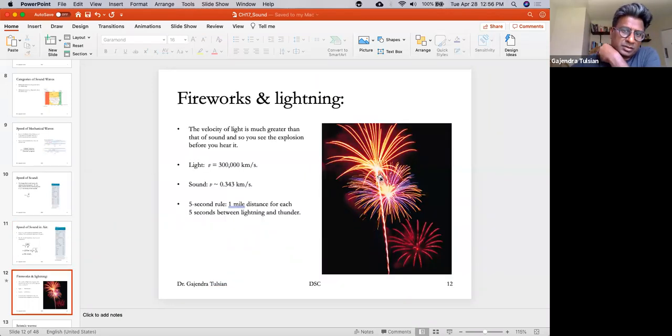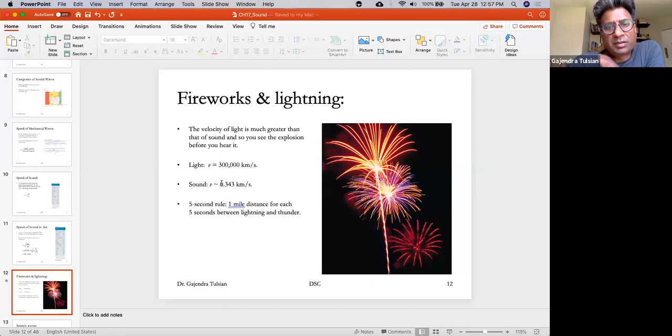Okay, so here's just a little fun fact. You have all watched fireworks or heard lightning and so on. Light travels almost instantaneously compared to sound. So here's the speed of light compared to the speed of sound. Light has a speed of 300,000 kilometers per second, and sound travels at 0.3 kilometers per second.